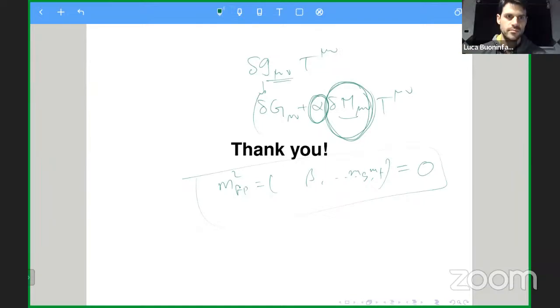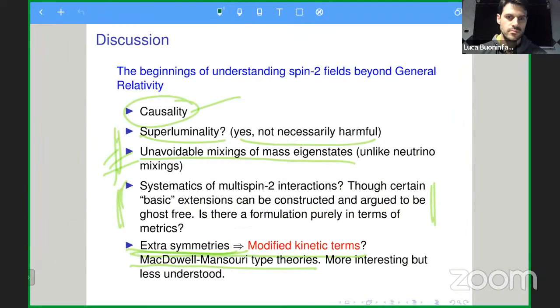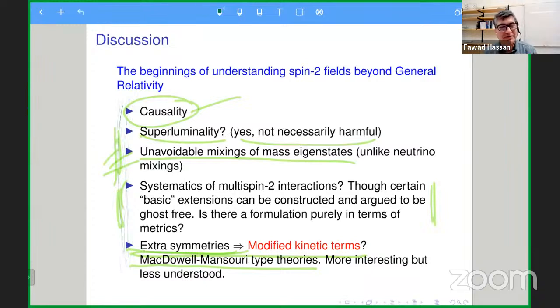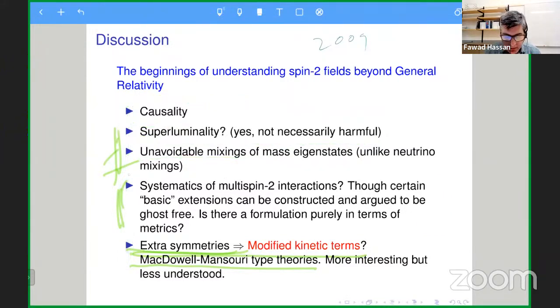In fact, if you look at my older talks, this discussion also lists a Higgs mechanism for the massive spin 2 field as one of the things that we want to get. Around 2009, there was a paper by Toft called Higgs mechanism for massive gravity or something like that.